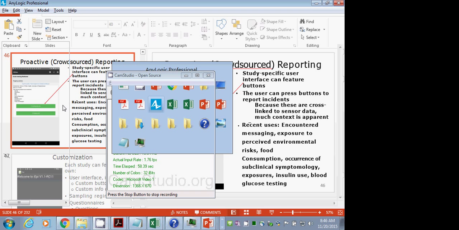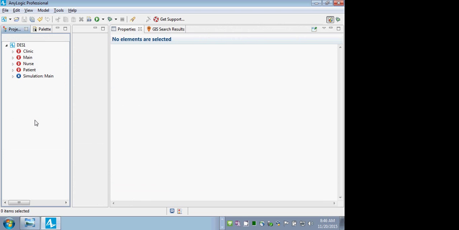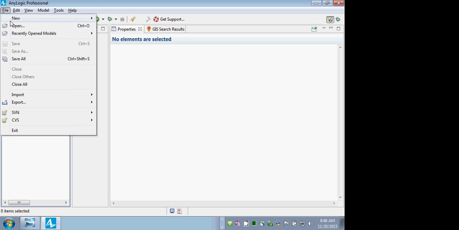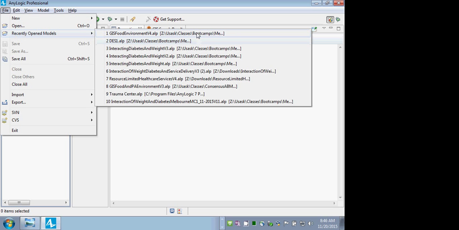So within this context, we saw that AnyLogic provides quite rich support for models, particularly agent-based models that draw on GIS databases.